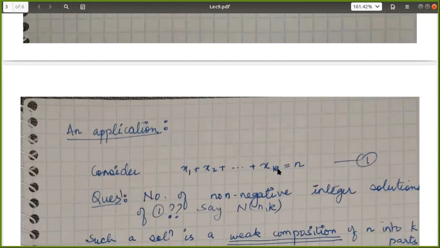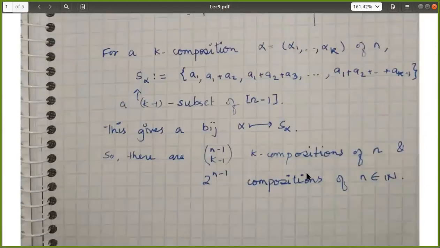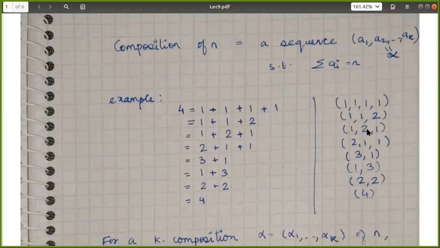And that solution will be different from 0, 0, 0, n, comma 0, right? Because remember I said that the ordering matters here. Just how 1, 1, 2 is different from 1, 2, 1, this 4 actually is not just a 4 here, but takes the form 0, 0, 0, 4. That is one way. Another solution is 0, 0, 4, 0. Another solution is 0, 4, 0, 0. Another solution is 4, 0, 0, 0. So this itself corresponds to 4 different solutions if I was considering 4 compositions of the number 4.